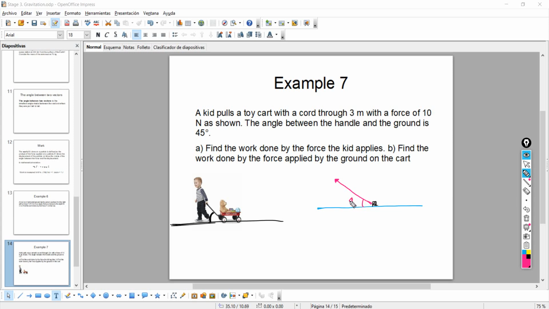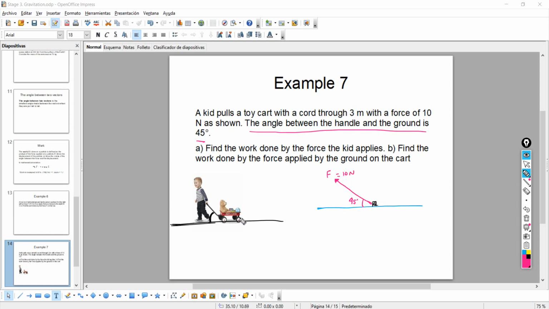This is 45 degrees with respect to the ground, according to this sentence, right? The angle between the handle and the ground is 45 degrees. So basically, you have a particle, you have the ground, and we are applying a force F of 10 newtons on this particle at this angle with respect to the ground.